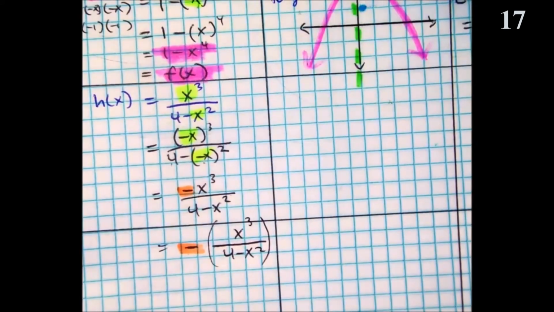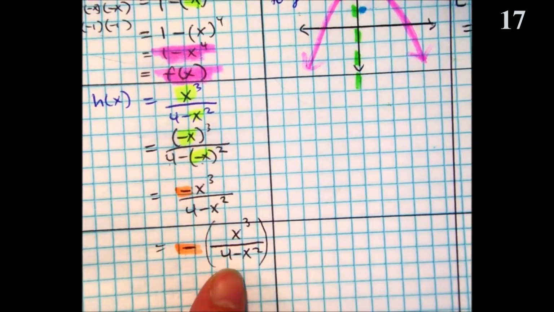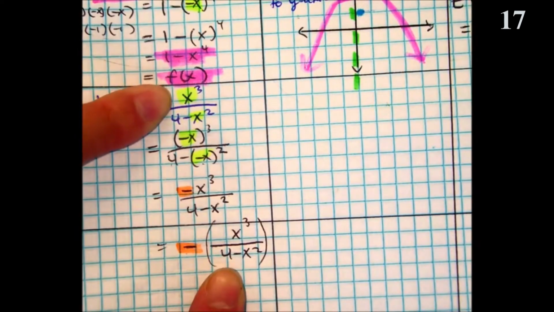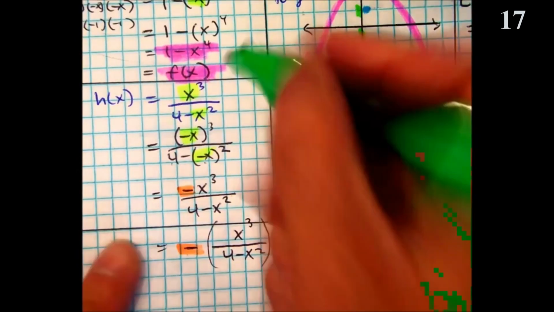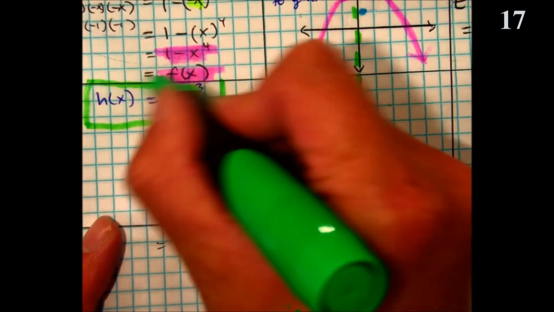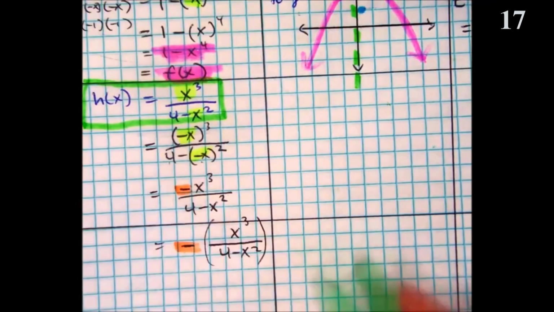Class, do you see that somewhere? Is that equal to the original problem? Yeah. Every time you see x to the third over 4 minus x squared, what are you going to write? You're going to write h of x.